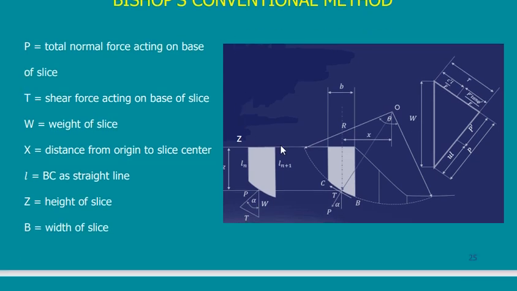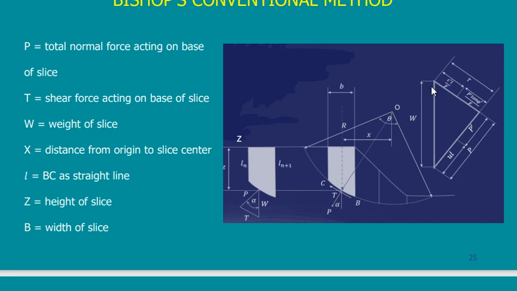What is the difference between this method and the other method of slices? The difference is that you have slices, but in this case you may have bigger slices, and you study the stability of these slices using graphical presentation.